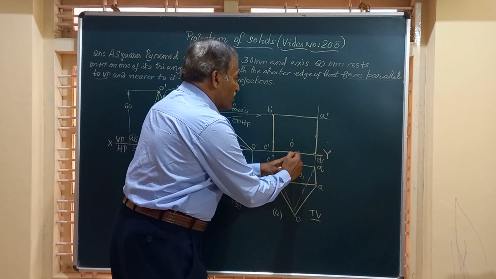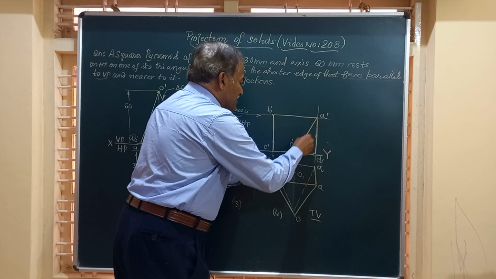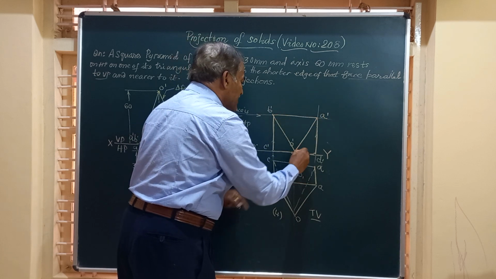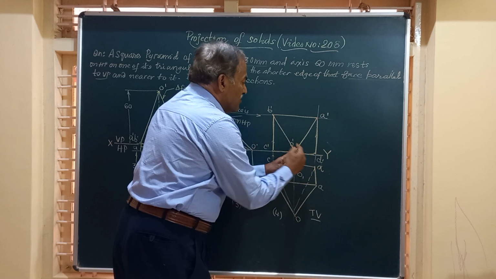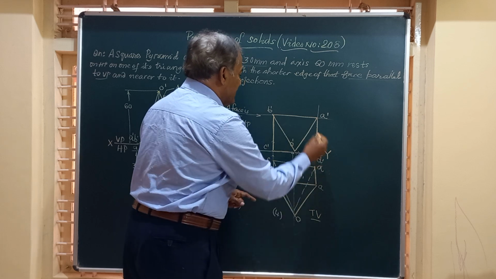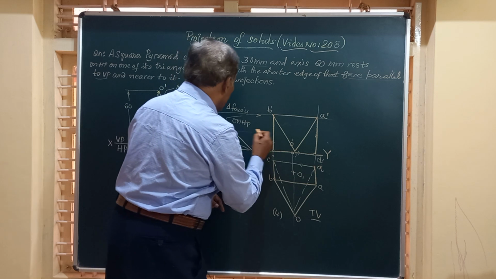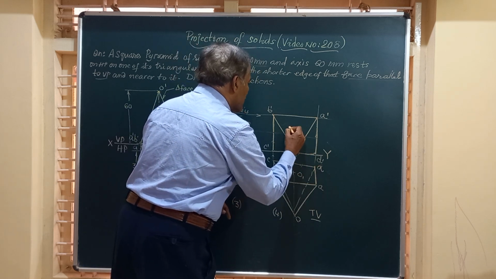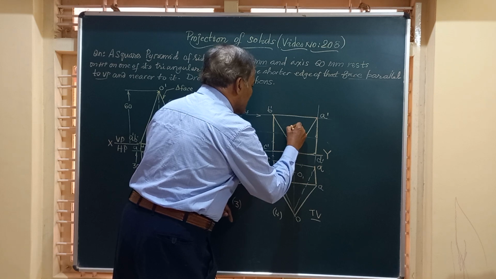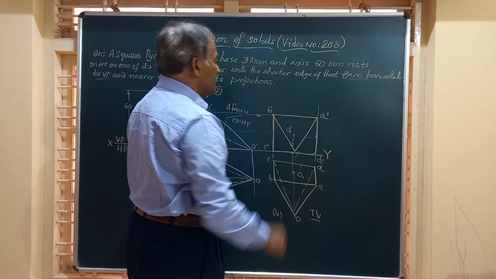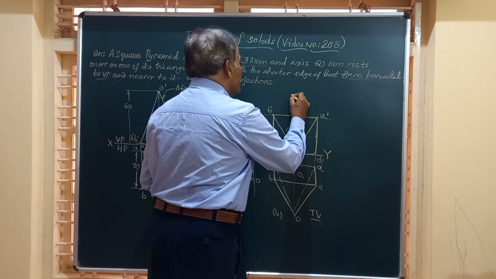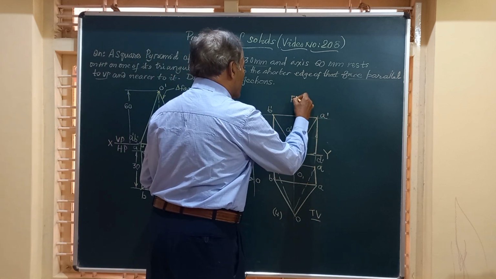That is from O dash to A dash by straight line, from O dash to B dash, another straight line, O dash to C dash, O dash to D dash. Friends, if you mark the center of this, you will get the point so called O1 dash, the center of the base of that solid, and this is O dash. Friends, this figure will represent the final front view of the solid.